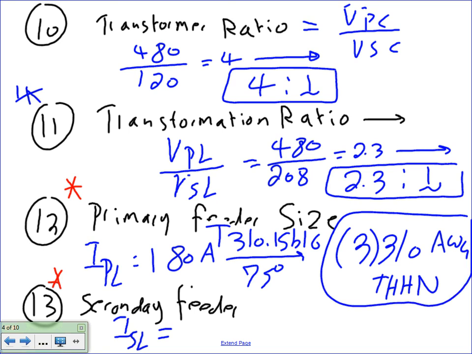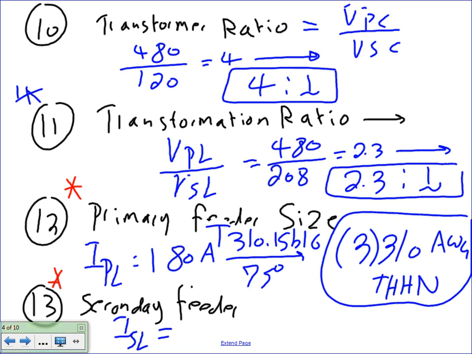So I need 3 conductors, 3 aught each, THHN. Why THHN? We're assuming it's in a dry location. Not too cold, it'll break if it's cold. Yeah, it's a dry location.